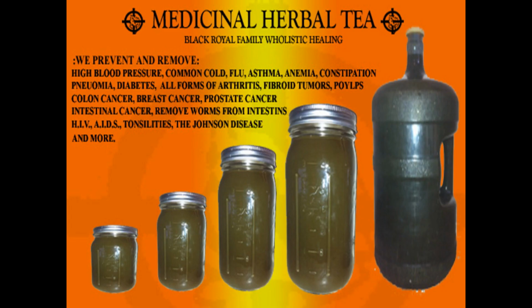So a proper diet along with the medicinal herbal tea will remove any vaginal infection, uterus infection, and cervix infection, and will help with infertility. See that? So a proper diet is the key here.